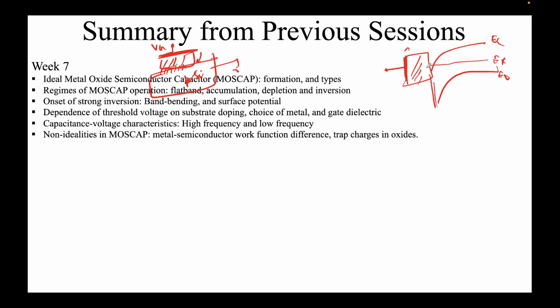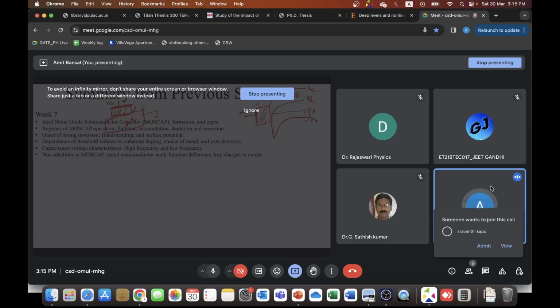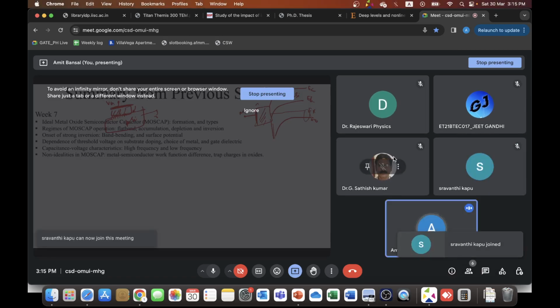This is the metal side, this is the semiconductor side, and the bulk is still p-type. EF is closer to EV. Sorry, this is EI, and EC will look something like this. However, at the interface, EF is closer to EC, which is n-type. This is what I'm talking about, the inversion of the nature of the semiconductor.